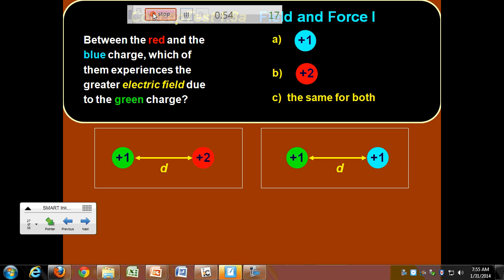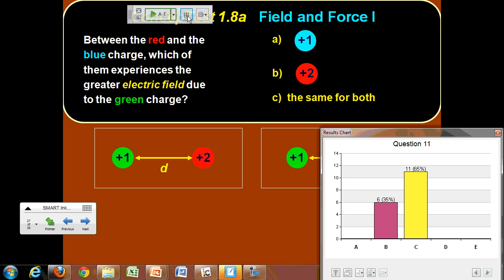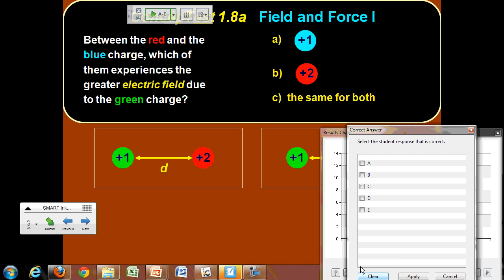All right, I'll stop at 58. All right, C is right.